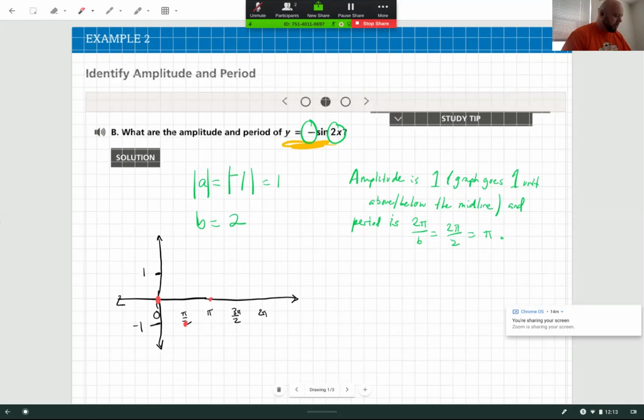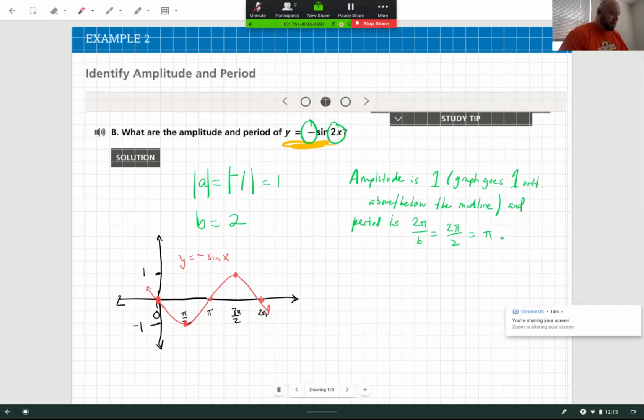And at 3 pi over 2, we normally have a minimum. But because we flipped it over, we have a maximum. And then we come back to the origin at 2 pi. So this right here is the basic graph of y equals negative sine of x. So that's just a sine graph that got flipped over.